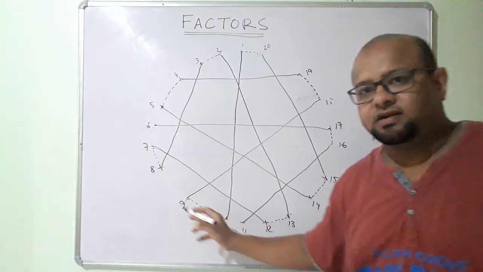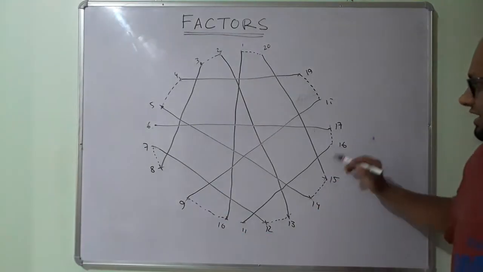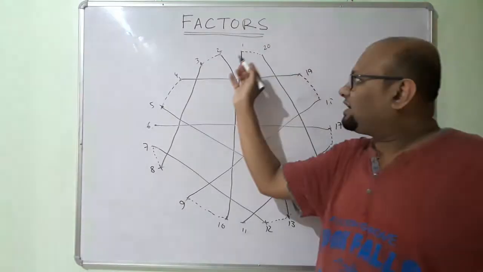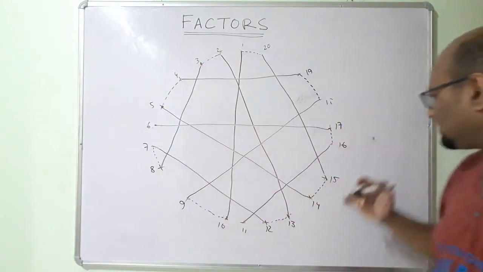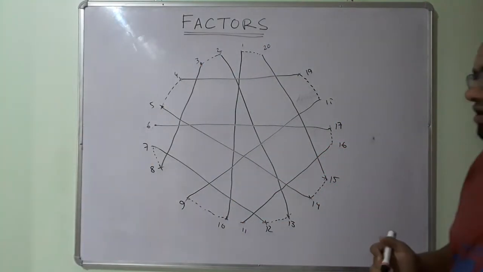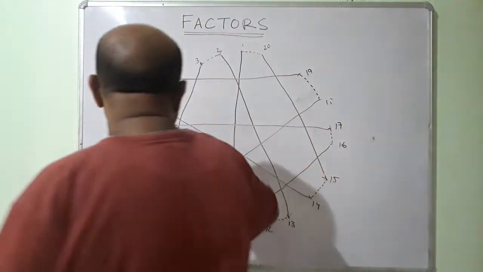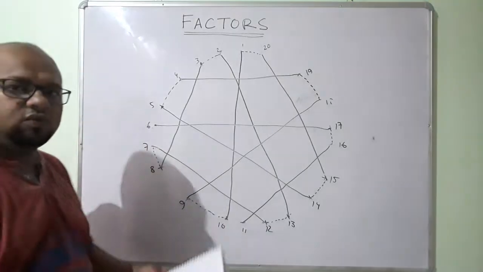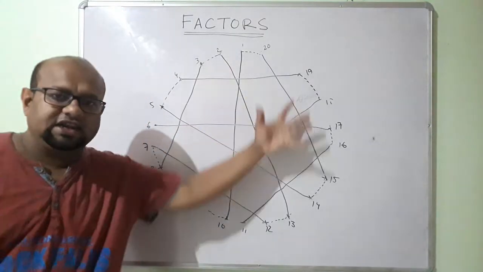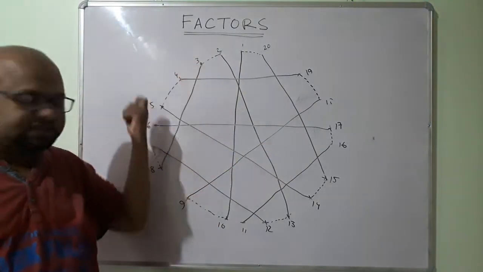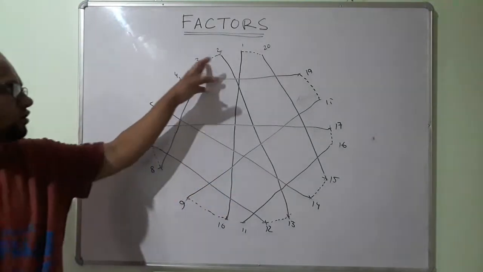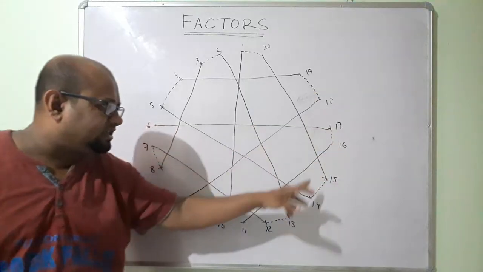This dashed line joins these two, and so on. Alternatively, it joins two of these vertices. All the vertices are in this subgraph. What is the subgraph? Ignore the solid line in the middle, and take only the dashed edges.